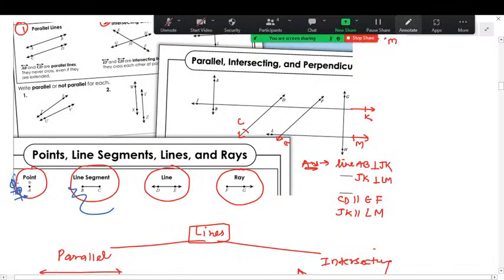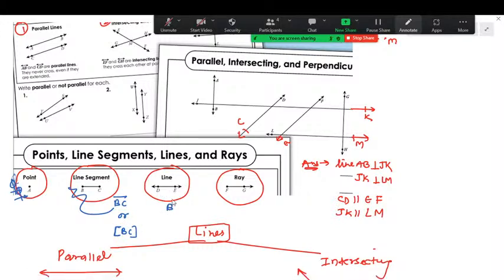Here a point has a dot representation. A line segment can be represented using this symbol, or it can be represented using this symbol. This represents that both ends are fixed. In the case of a line, both ends are not known to us, both ends are not fixed at all. That's why we write it like this, because both are not fixed, not confirmed.